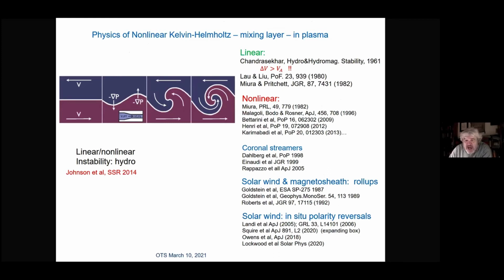These are just a lot of references. Again, the Chandrasekhar reference. There's a famous paper by Lau and Liu and Miura and Pritchett in the early 80s. There are nonlinear studies in the beginning in the early 80s and even up to in plasmas fairly recently. People have studied this kind of thing in coronal streamers: Russell Dahlberg, Giorgio Einaudi, Franco Rapazzo.